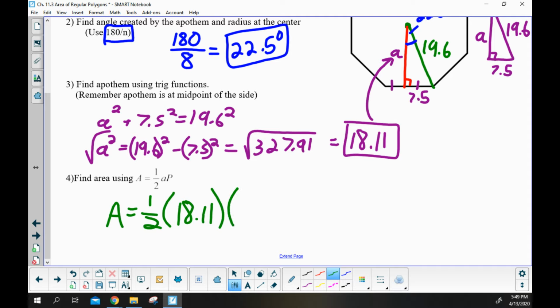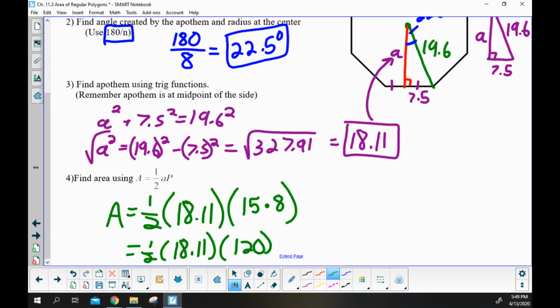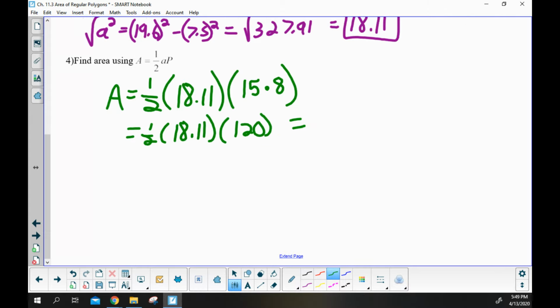Well, my perimeter, each side is 15, and I know there are 8 sides, so it's 15 times 8. So in that case, it's 1/2 times 18.11 times 15 times 8. Well, 15 times 8, that's 120. And so in that case, I'm ending up with 1,086.5, and since we're dealing in inches, that's inches squared.